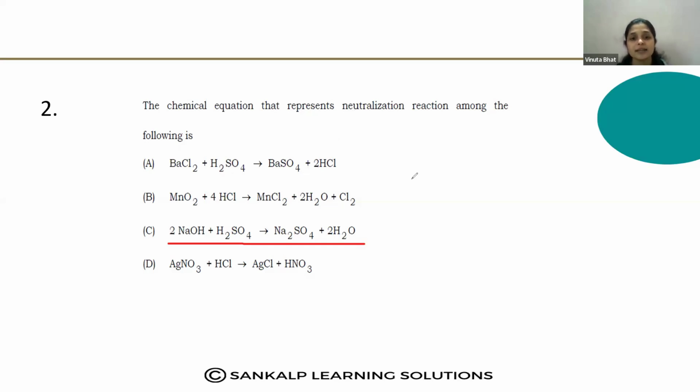When the strong acid and the strong base react with each other and form the salt and water, that is the neutralization reaction. But here salt and water are not formed in the other options. So option C is the correct answer: 2NaOH plus H2SO4 gives Na2SO4 plus 2H2O.